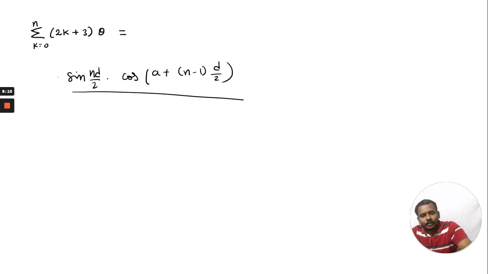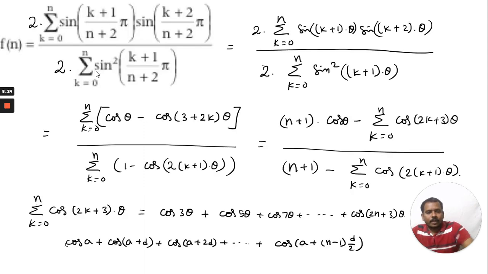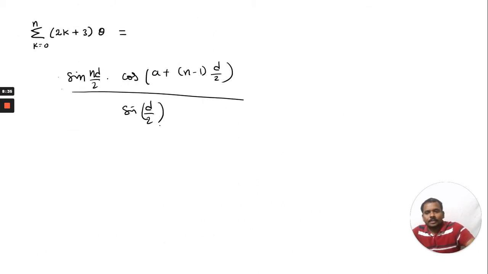The sum of the terms of the cosine series, with the angle progressing arithmetically, is equal to sin(nd by 2) cos(a plus (n minus 1) d by 2) divided by sin(d by 2).